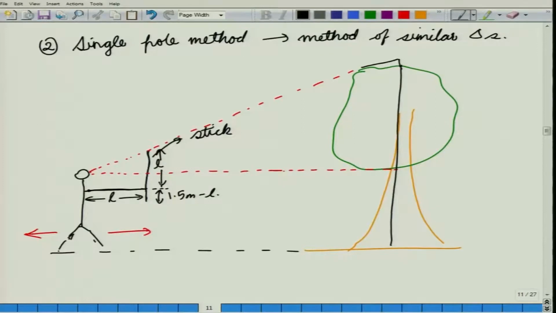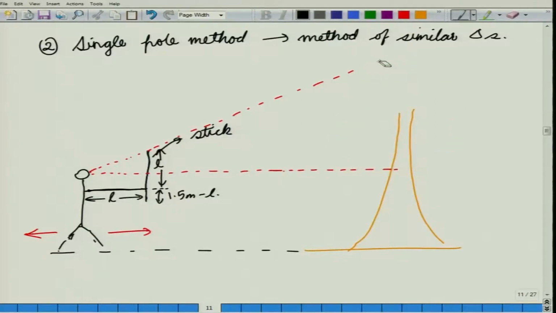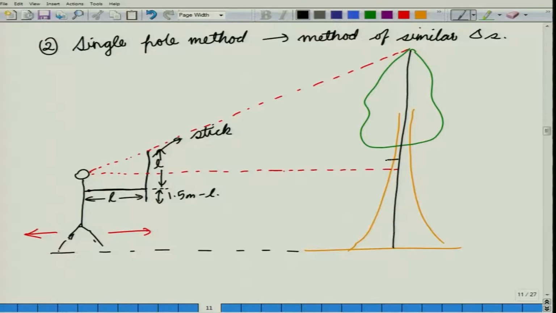So now let us take a vertical from here. Now consider these two triangles. The first triangle is this ABC, and the second triangle is this D, E and F.